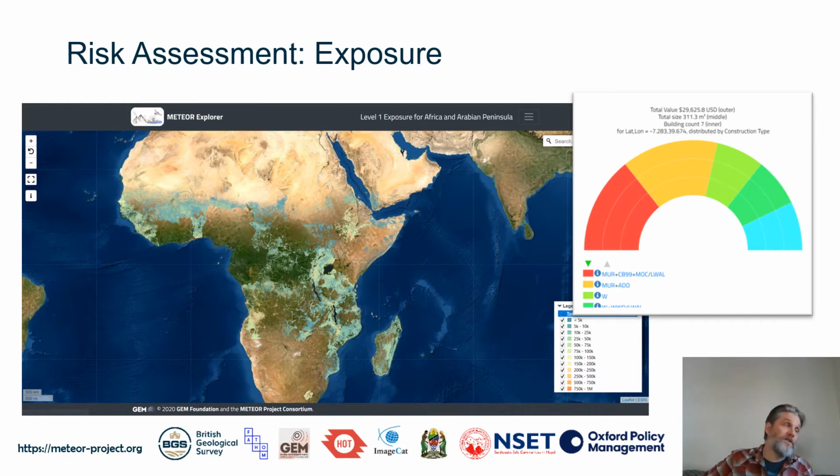It is different than an inventory. An inventory of buildings might be if you have thousands of buildings in your town that are in a particularly vulnerable area, and you want to get details of each of those buildings for the purpose of looking at mitigation options or retrofitting or what have you.